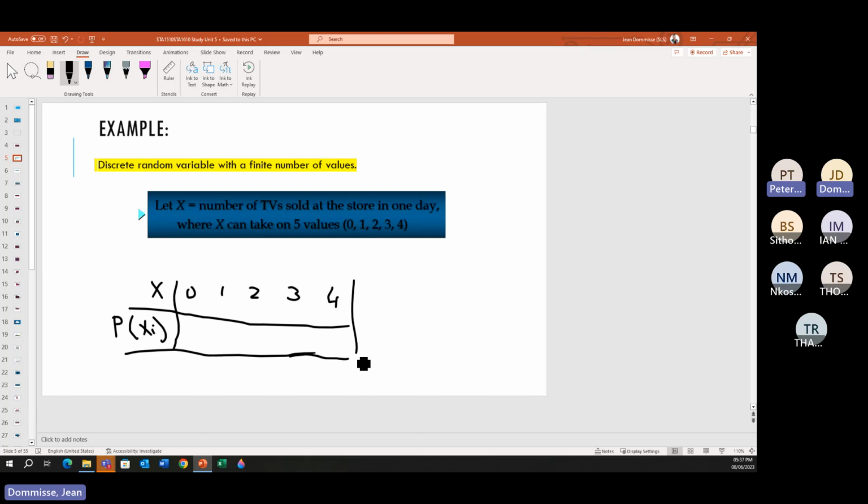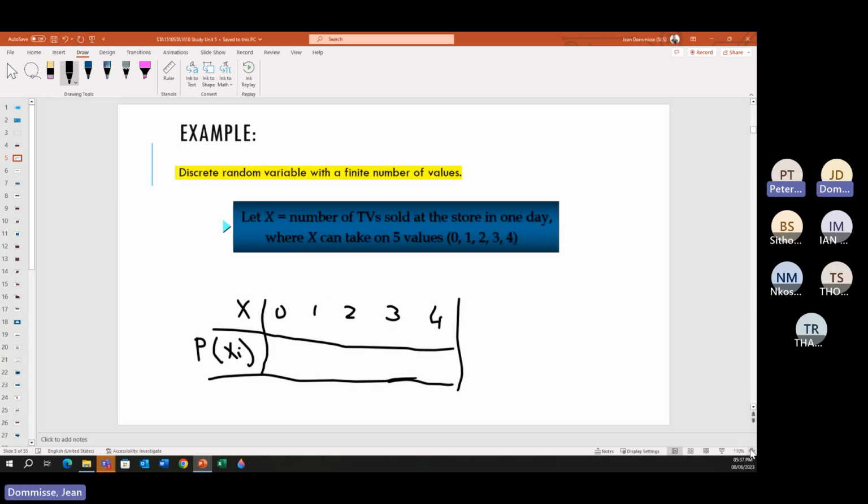If you're working with binomial and Poisson, then you will be able to get it from the tables. But if we're working with the discrete, they need to tell us. So when you get a question like this, the table should be completed for you.